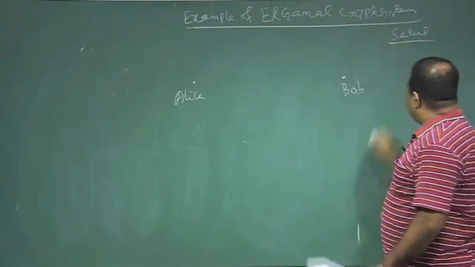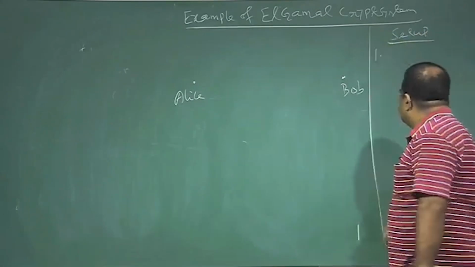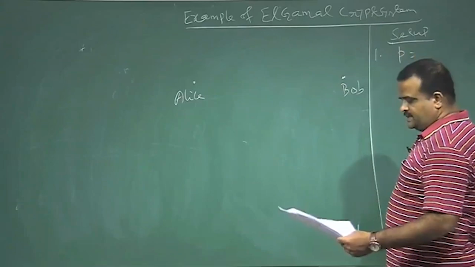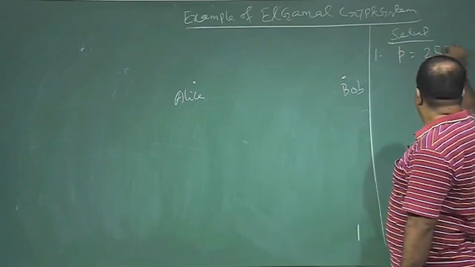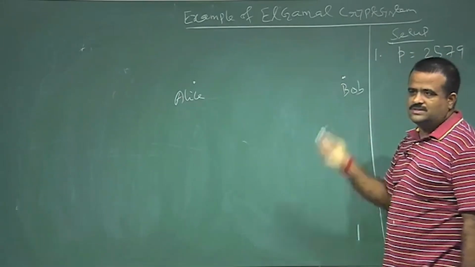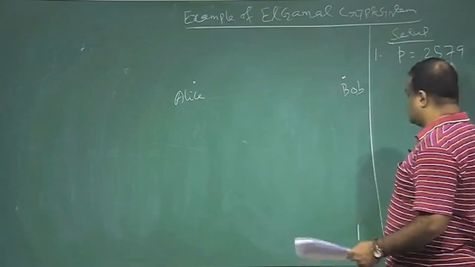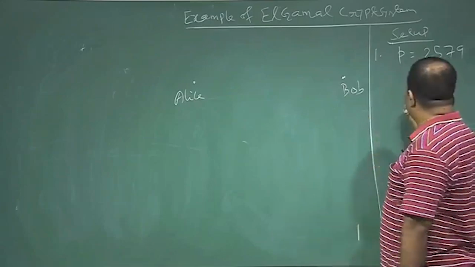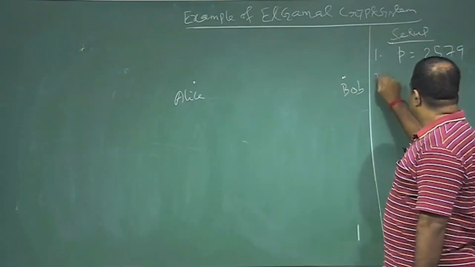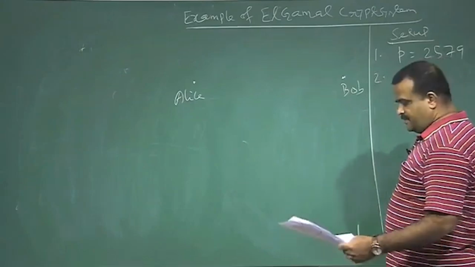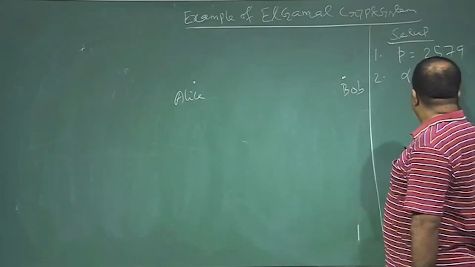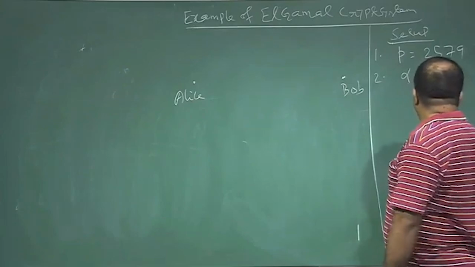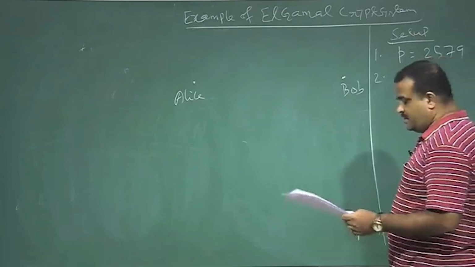So this is the setup phase. We need to choose a prime. Let us choose a prime, say 2579, provided the discrete log problem is hard, but this is a very small prime. Anyway, this is an example. Now we choose a generator or primitive element. So 2, we can check 2 generates Zp star here.